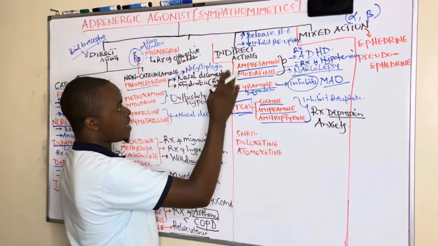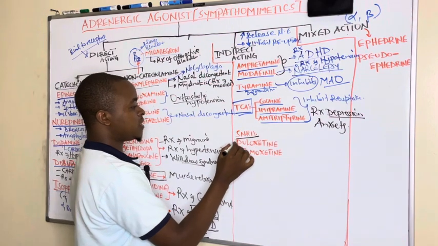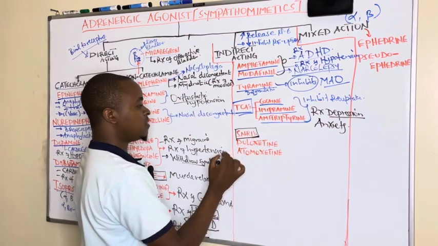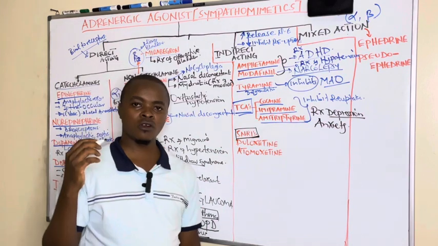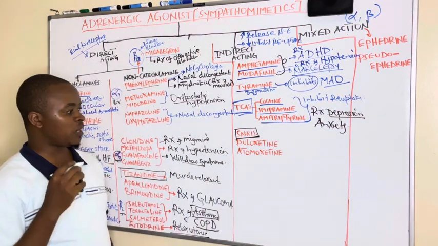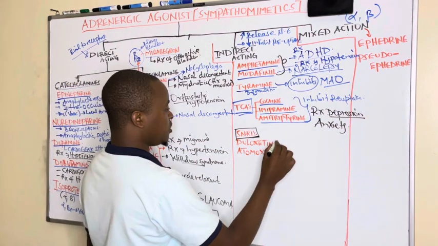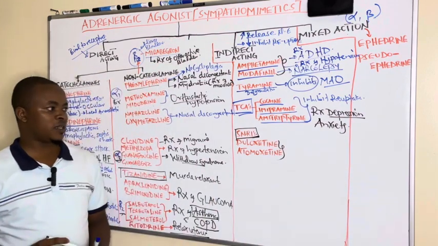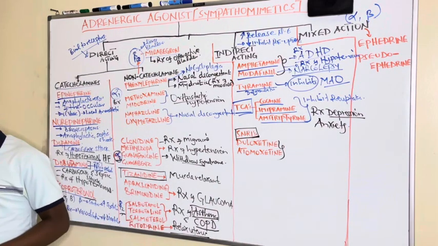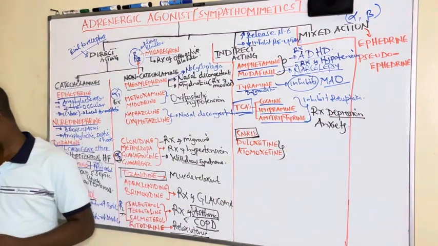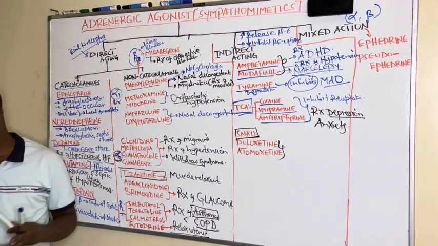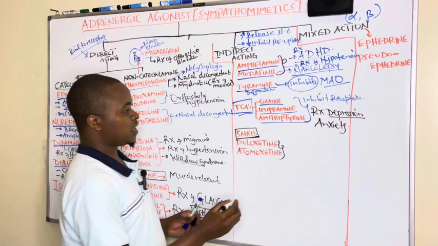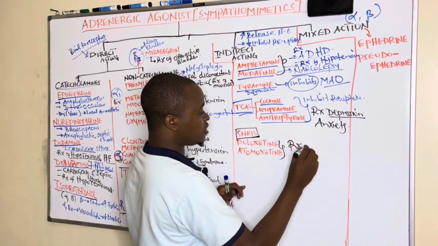Then the last one under indirect acting: we have SNRIs, which we call serotonin norepinephrine reuptake inhibitors, and they are applied in treatment of depression.